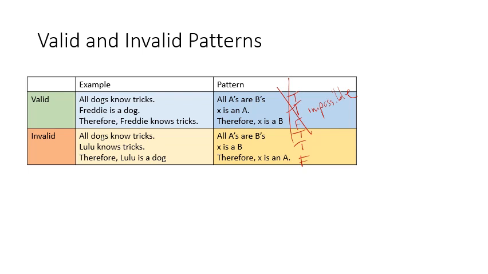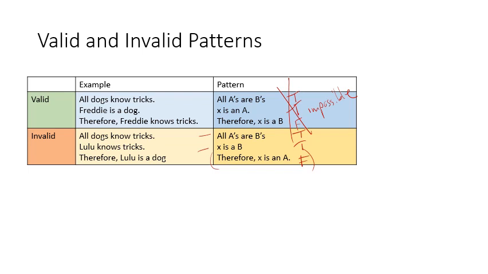It's possible that all A's are B's. And it's possible that Lulu knows tricks, right? It's possible that X is a B, but at the same time, it doesn't follow that X is an A, right? It's possible that this conclusion is still false, even though the premises are true. So an invalid argument has this pattern where the premises could be true, but you could still have a false conclusion.